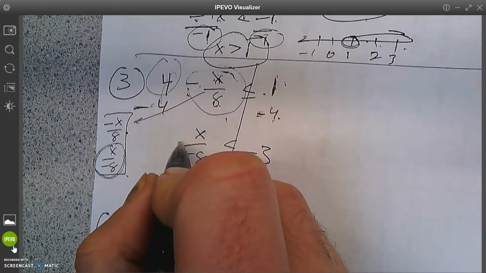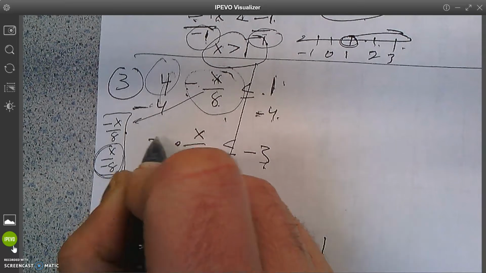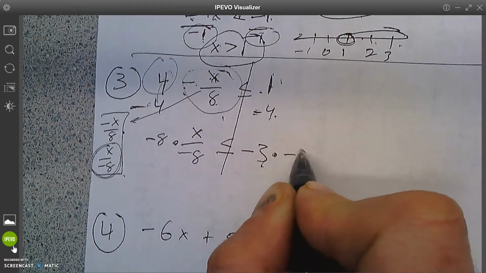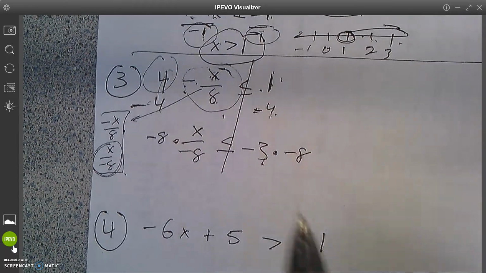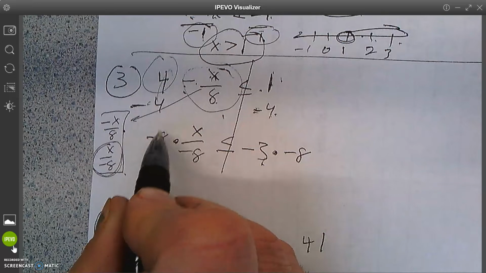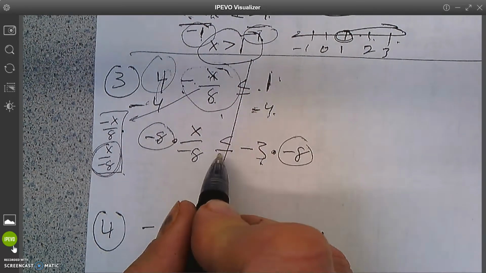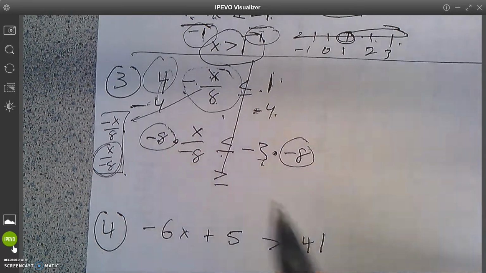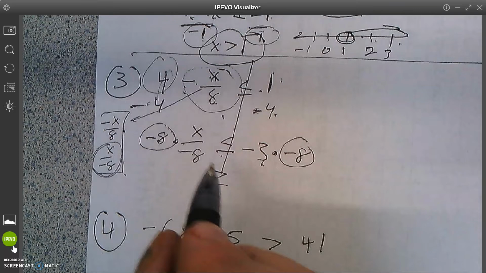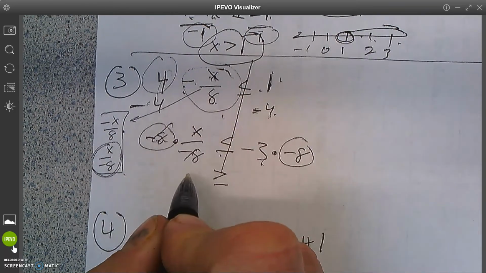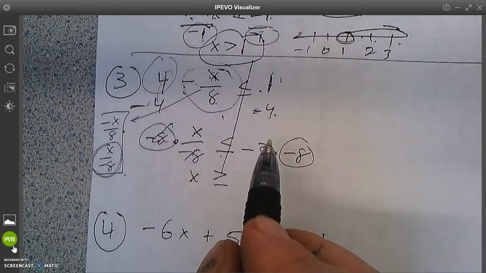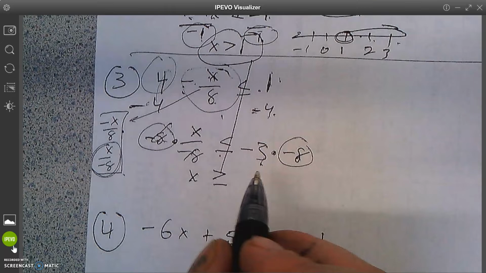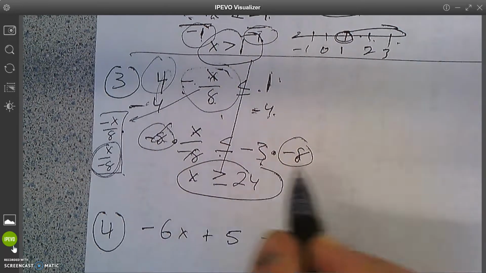Got it. So now I'm going to multiply by negative 8. I'm multiplying by a negative, so that means the inequality flips, it changes. 1 times x is just x. A negative times a negative is a positive.